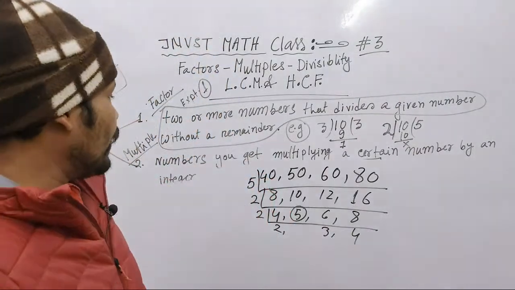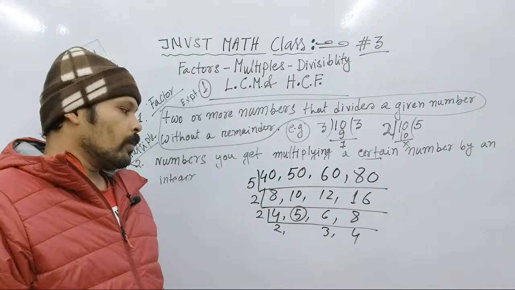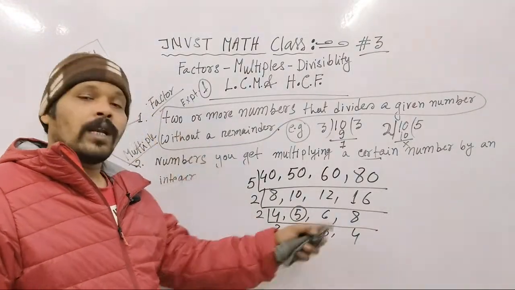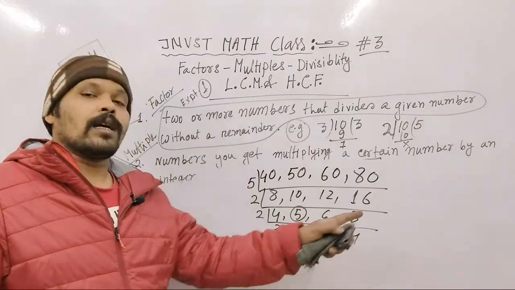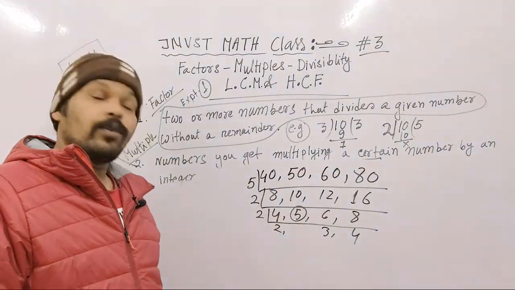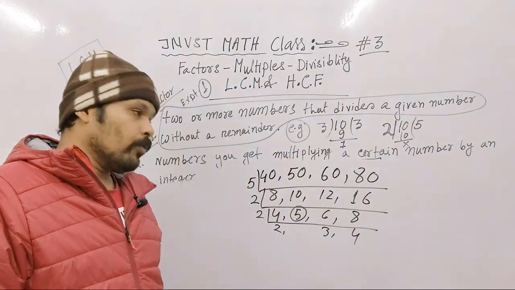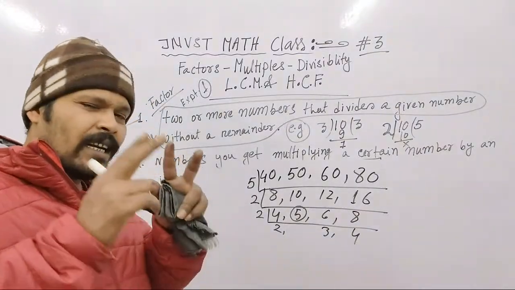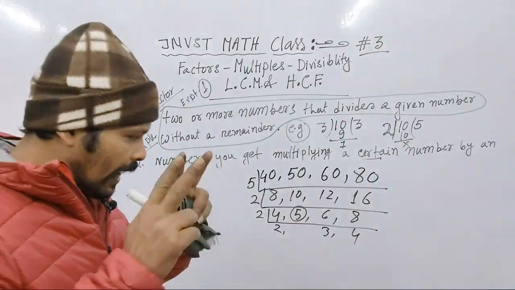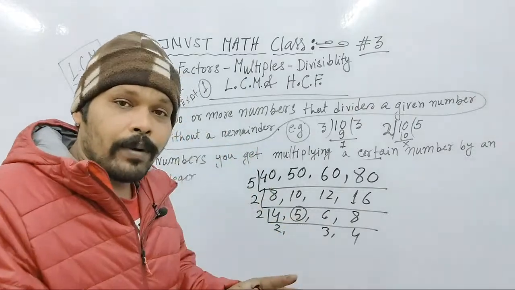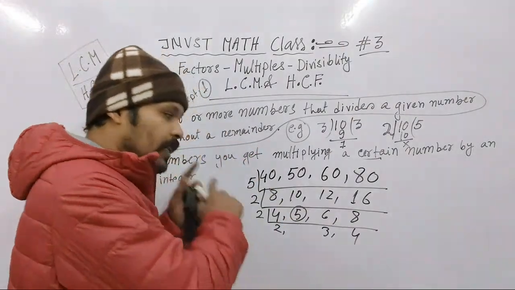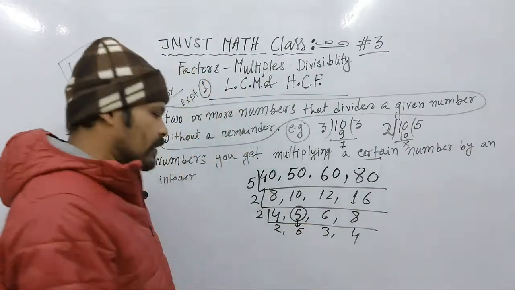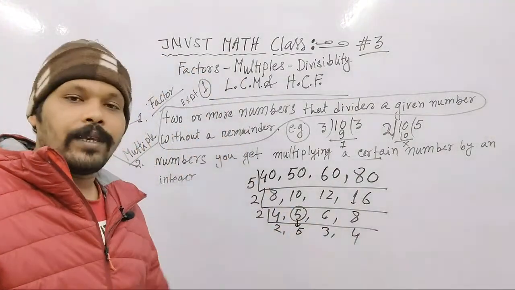At the time of finding the HCF, we needed that factor which is totally common. But here 2 is not a total common factor. So what can we do? Here we have to remember, at the time of finding the LCM, if at least 2 numbers are divisible by this factor, then you can divide. And which is not divisible, that one will remain the same. 5 will remain the same here.